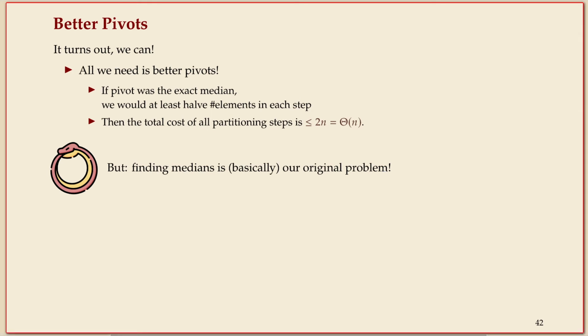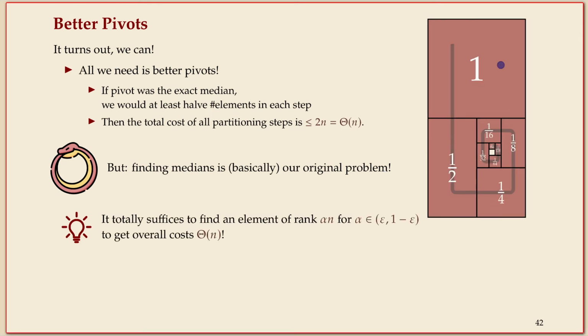I wanted to show this picture first. Suppose we could get rid of a constant fraction each time. And this picture is for getting rid of half of the elements each time. It's a visual proof for the fact that the geometric series converges to a constant. If you're more visually inclined, 1 times n, that's the starting state.